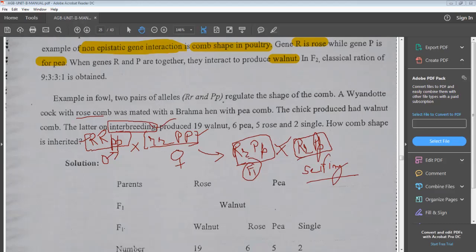If we cross these, we get a 9:3:3:1 ratio, where nine are walnut, three are rose combs, three are pea combs, and one is single comb. So we'll move forward.